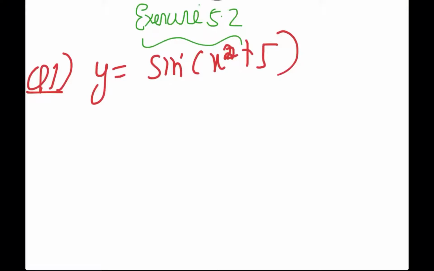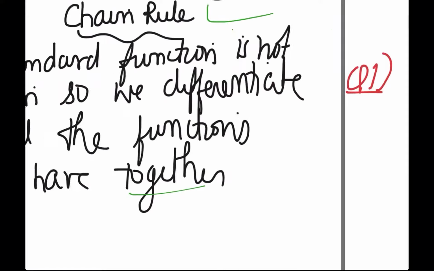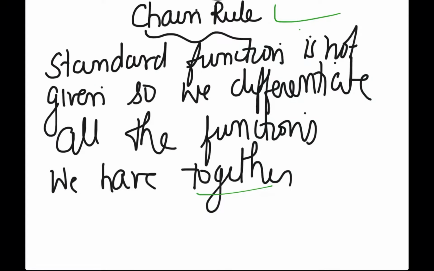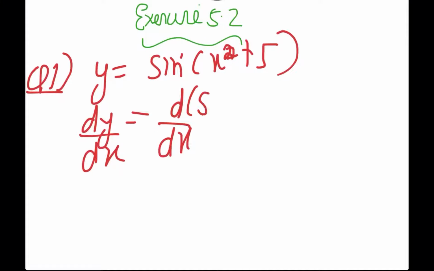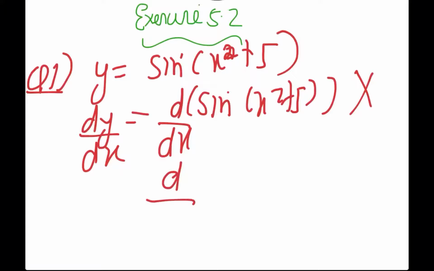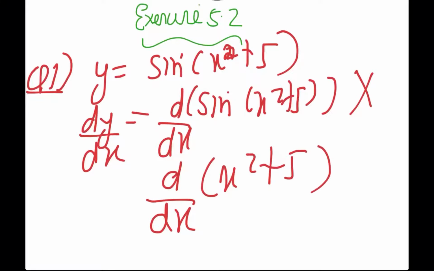Okay, so for this, as we just said in the statement, that we have to differentiate all the functions together, I will do that. dy by dx, I am differentiating with respect to x, is equal to d by dx of sine of (x square plus 5), chain rule is a multiplication, into d by dx of (x square plus 5).